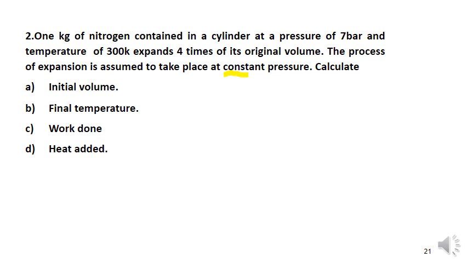At constant pressure, volume is directly proportional to temperature, and the heat transfer Q is equal to the change in enthalpy, that is mCp(T2 minus T1). So here what they have given: mass 1 kg of nitrogen, pressure P 7 bar, converting that 7 bar into 7 into 100 kilonewton per meter square, which means 700 kilonewton per meter square.